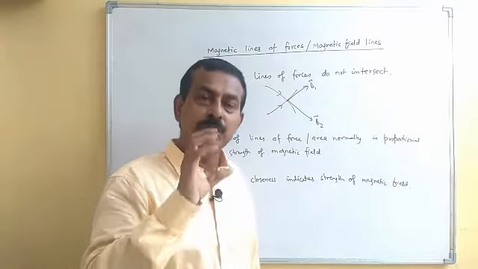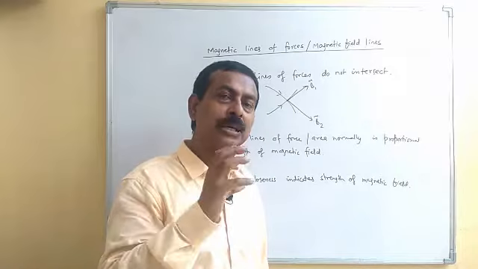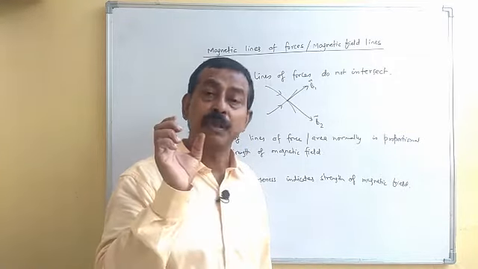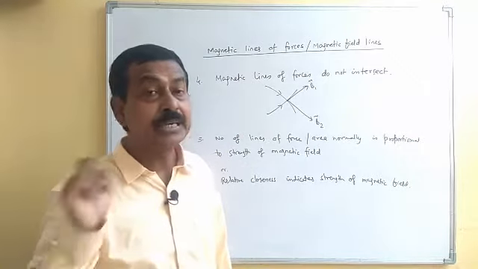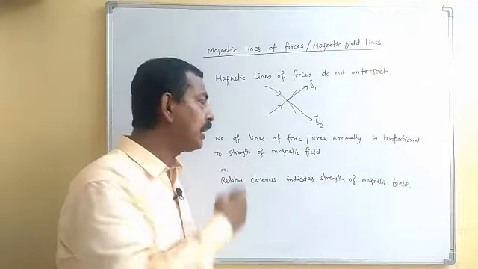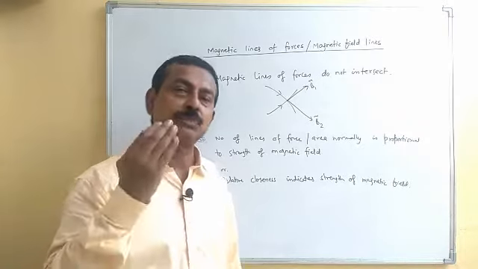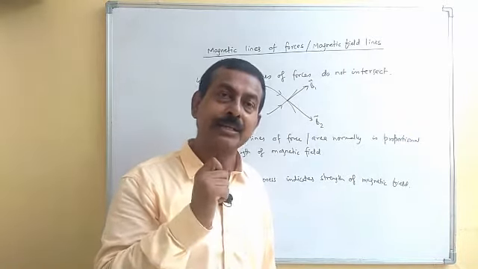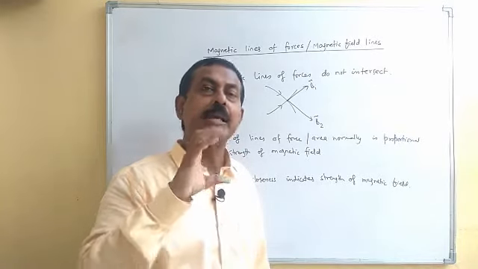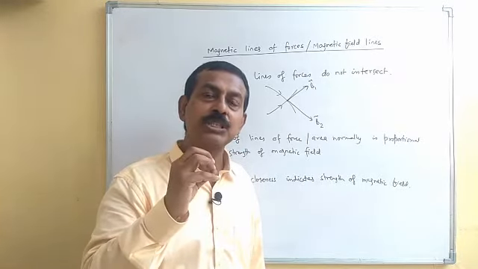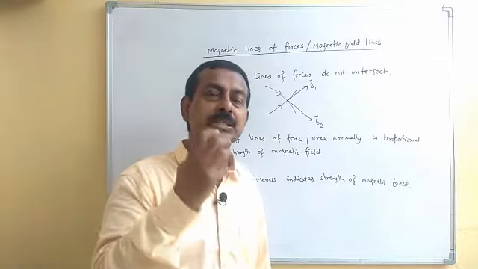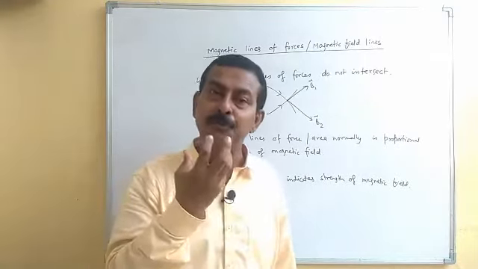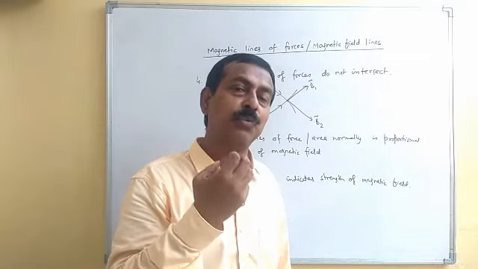Just like the number of electric lines of force per unit area gives you the electric field intensity at that point, in the same way the number of magnetic lines of force per unit area about a point will give you the strength of the magnetic field at that point. Obviously, if you have more lines of force per unit area, the strength will be more. If there are fewer lines of force, the magnetic field value will be less.